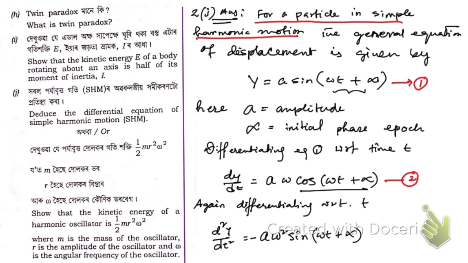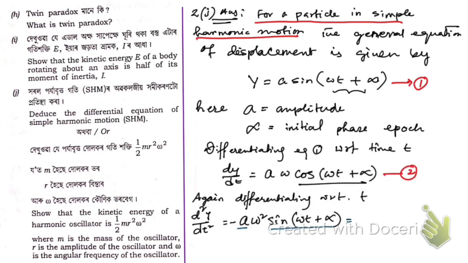Now from here you can see this part into A is nothing but y. So from equation number 1, let me rearrange these things. We can write it this way: minus omega square A sine omega t plus alpha, and this part is nothing but equal to y.